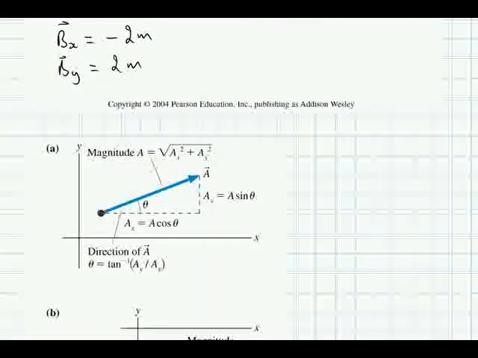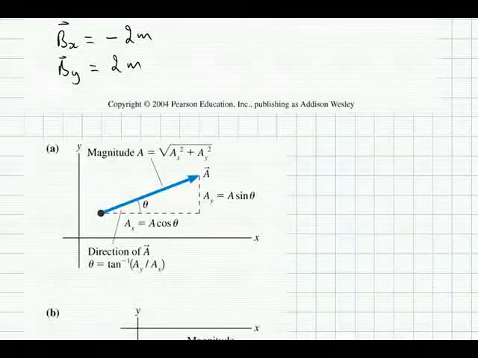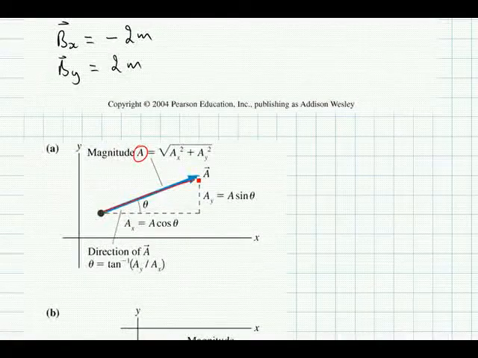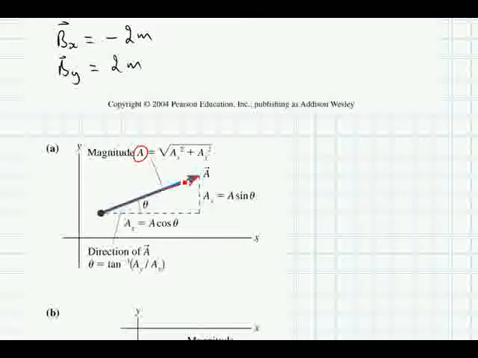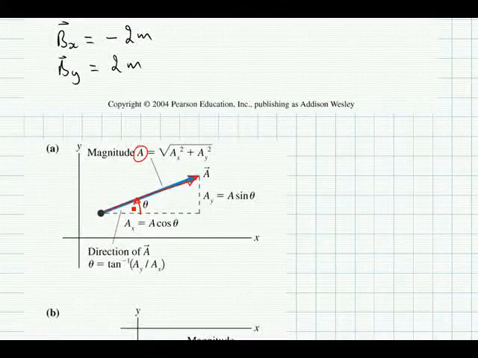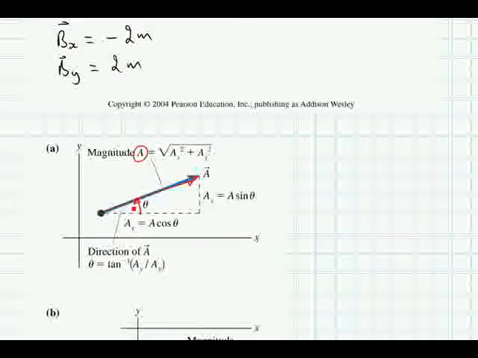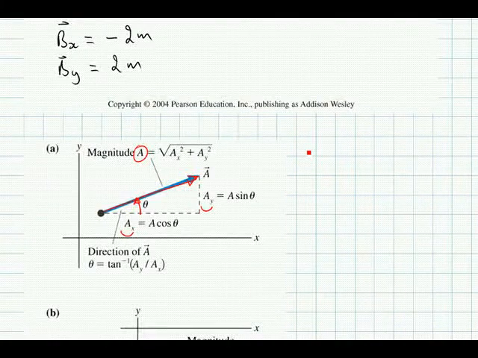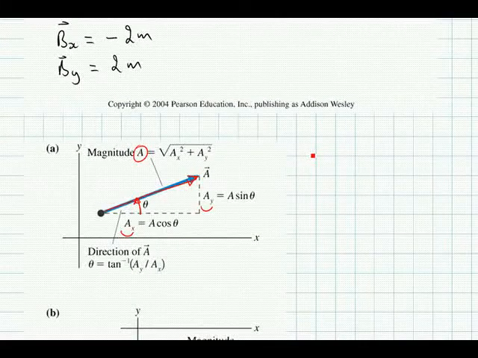If you know the magnitude of vector A, so this is our vector A, and if you know the angle that it makes, let's say in this case with respect to the positive x-axis, then we can figure out its x and y components by using the sine and cosine relationships.